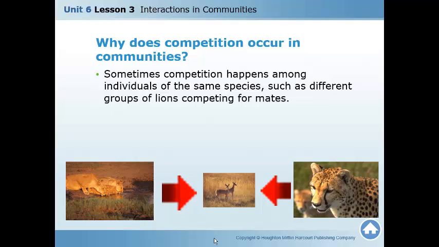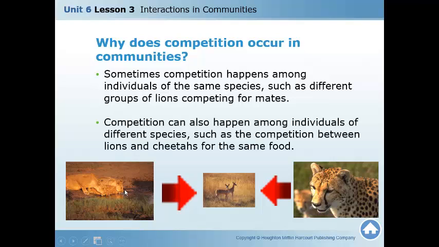Or they could be competing for mates. So maybe one or two of the male lions are competing for the female's attention. In this example they're competing for food, and that competition can also happen when looking for mates.